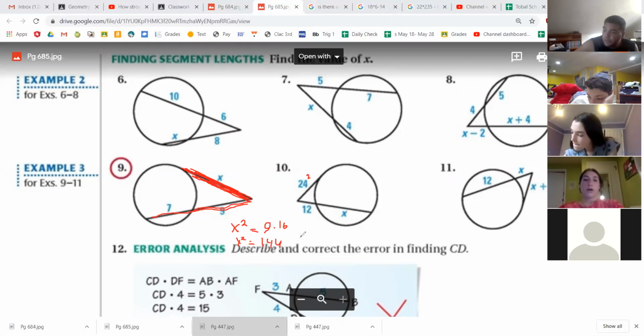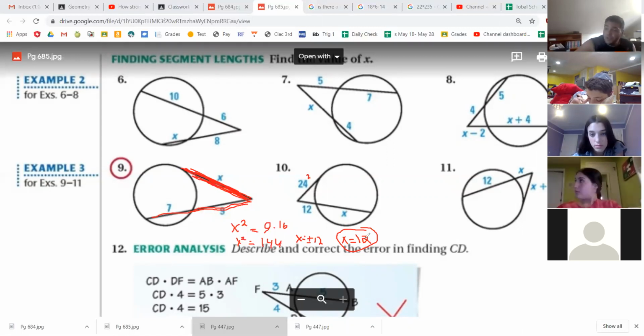The square root of 144 technically is plus and minus 12. But remember, you can't plug in a negative because you'd get a negative distance. So your only answer is 12. Algebraically it is plus or minus 12, but remember, we're talking about geometric existence, and lengths can't be negative, so it's positive.